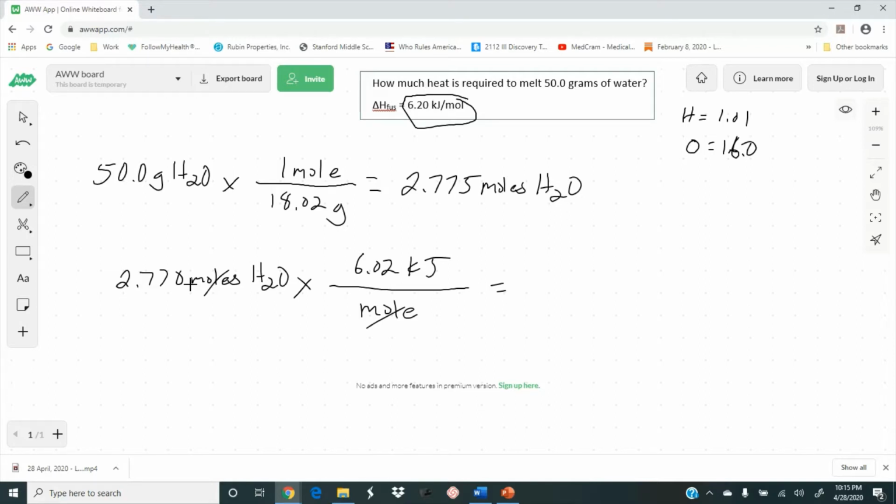So I'm going to take my 2.77 multiplied by 6.02, and what I get is 16.7. So I'm going to write here my answer, 16.7 kilojoules. Okay. And there's the answer.